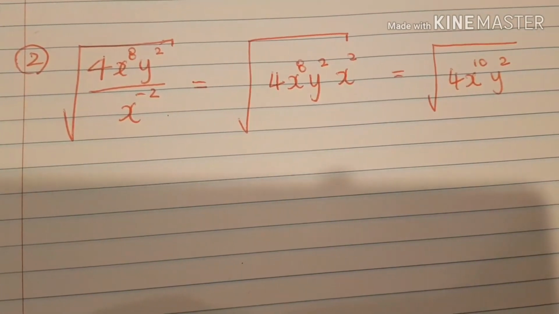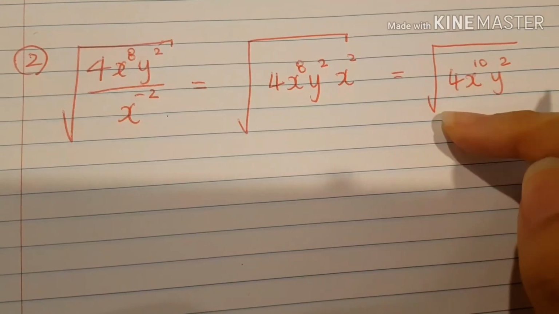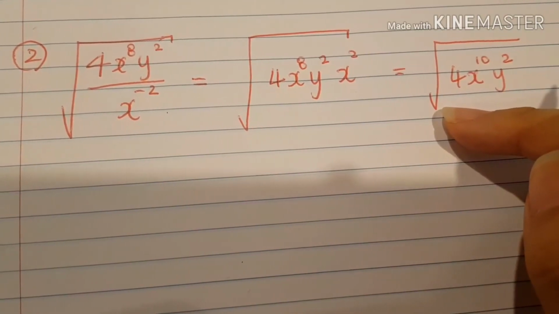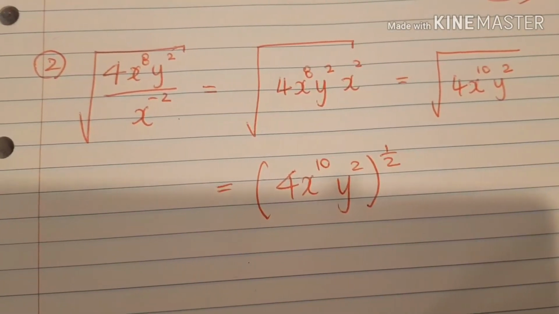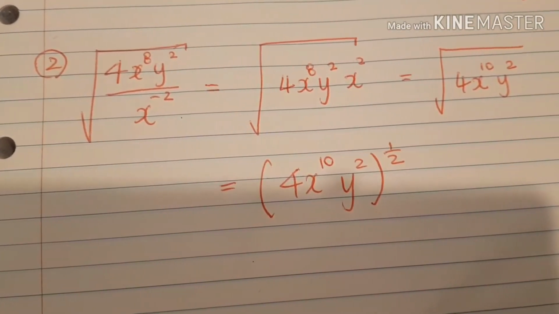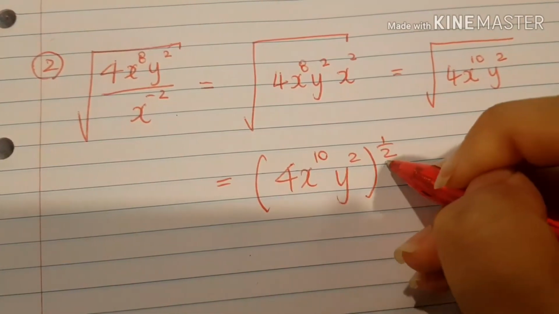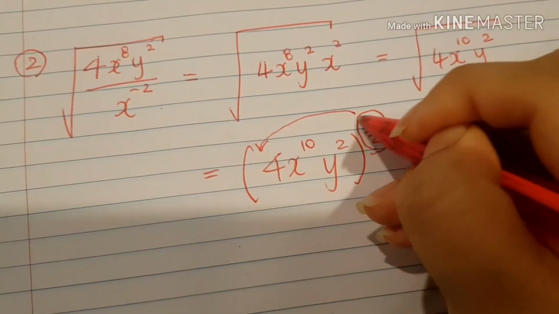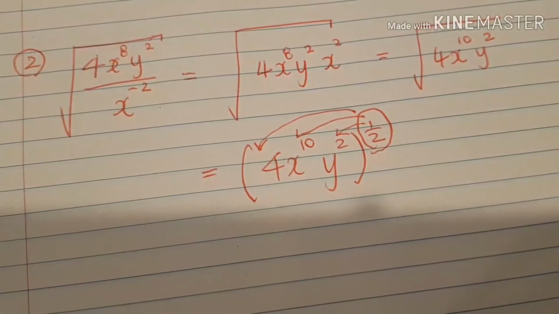Okay, likewise, what do I have to do for that square root? I need to change it into power form, okay? And this square root is equivalent to the power of a half, good. Like this, it's to the power of a half. And obviously I have to apply that power to every single term, to 4, to x, and also to y terms.